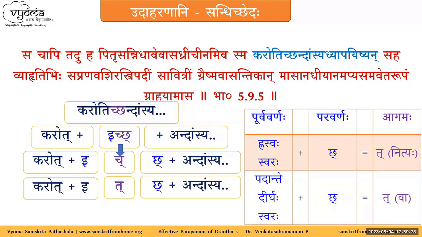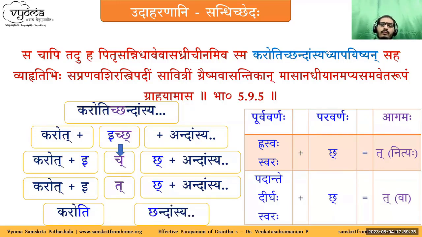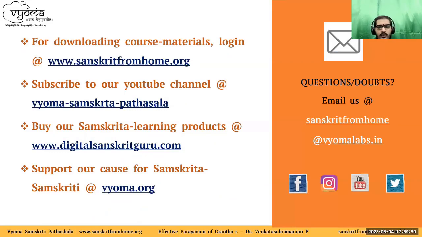Both the Hrasva swara, the Purvavarna, and the Chakara, the Paravarna. Both are the nimittas. Okay. So where does the agama come? Between these two. Yes. Okay. Thank you.